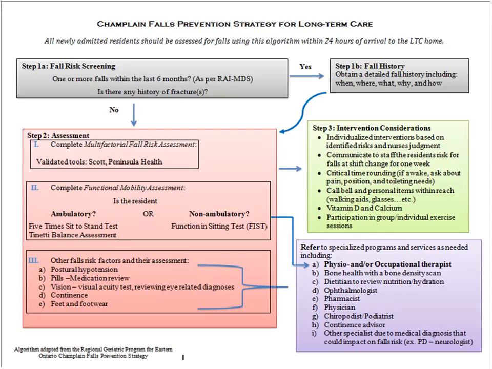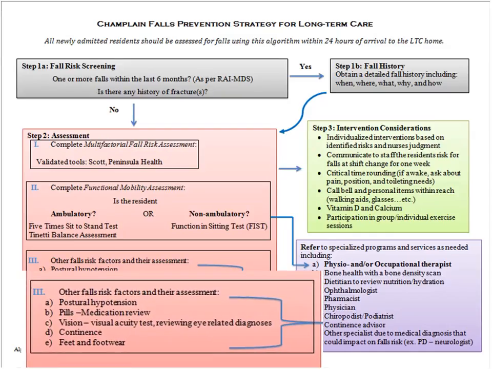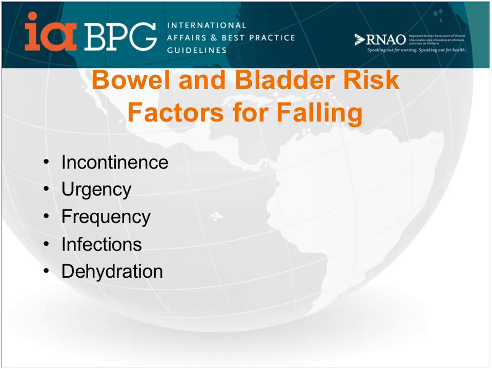In our presentation prior to this, Eric presented on functional mobility and assessment. So we're moving into the next part of this, which is the other fall risk factors and their assessments. There are a number of them here, and today we're going to be speaking to continence. And we have a continence advisor that's going to present for us.